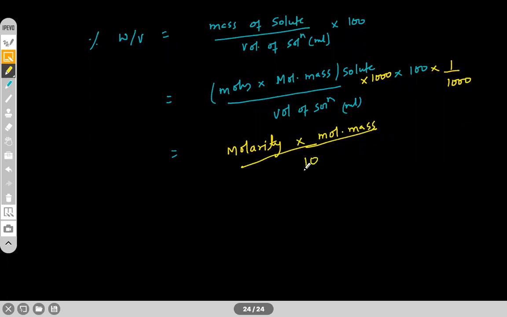This molarity is for the solution, and the molecular mass is of the solute. You can simplify this, that's not a big deal. The basic definition is this. Got it?